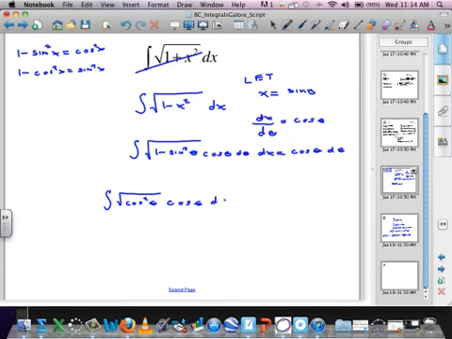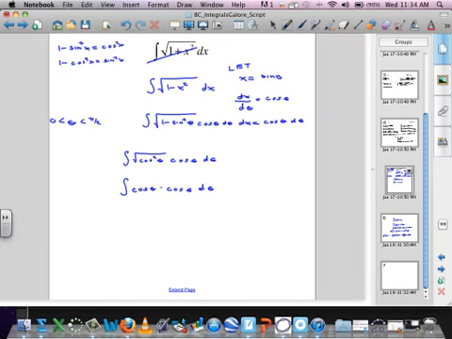Now, our assumption here, okay, is that theta will be less than pi over 2 and more than 0 for our examples here. I know that's a little iffy, but here's the deal. I need to use the square root and the square as inverse operations. Normally that's absolute value, but if we know cosine's positive, I can just drop the bars. And so for this context, we're going to drop the absolute value bars and say that the square root of a square is what's inside. And so I'll have cosine theta times cosine theta.